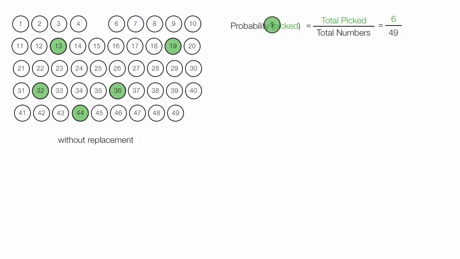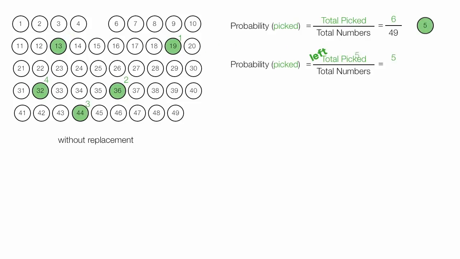So I pick one of the numbers, one of the green ones. Now the probability of picking the next number is the total picked left over divided by total numbers. And it's going to be 5. So I have 1, 2, 3, 4, 5 numbers left over.